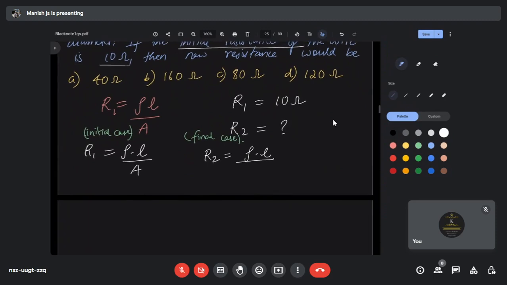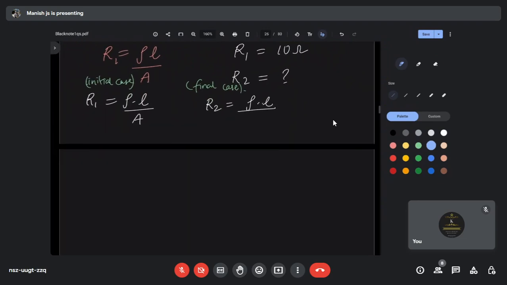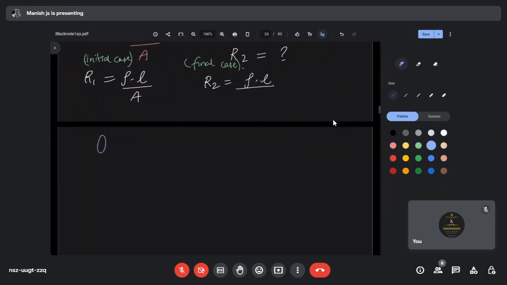So how are we saying this? On what basis are you able to tell this length is getting doubled? When area decreases, length automatically increases, sir. Okay, so let's say this is the wire. This is the original length. So if this length is L, in the initial case area of cross section is A, isn't it? This is what we all know.